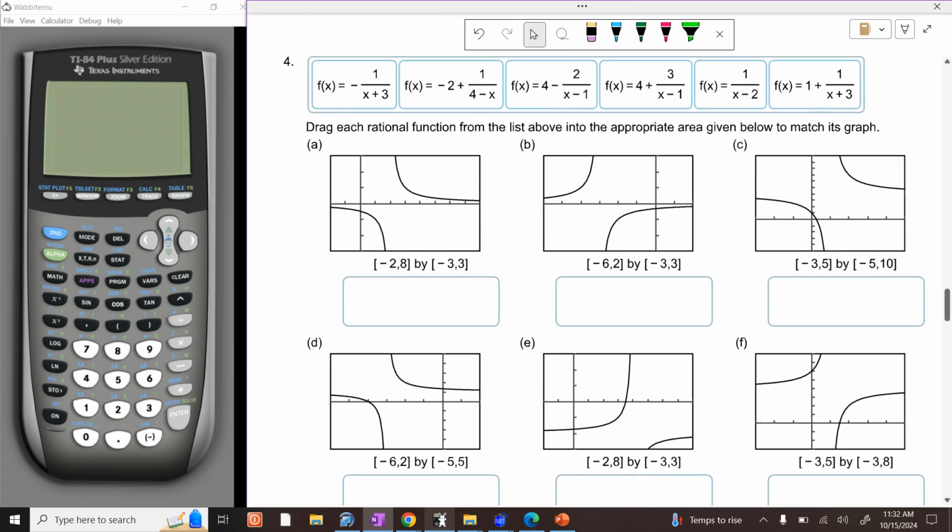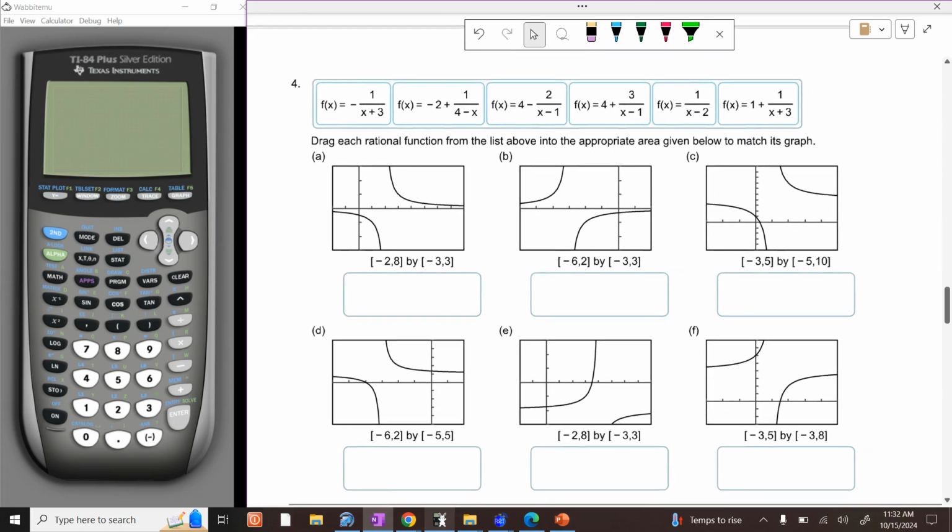Okay, matching the correct graph. Vertical asymptote at -3. Looks like it could be this one, because this one has a vertical asymptote also at -3, but everything's shifted up by 1.